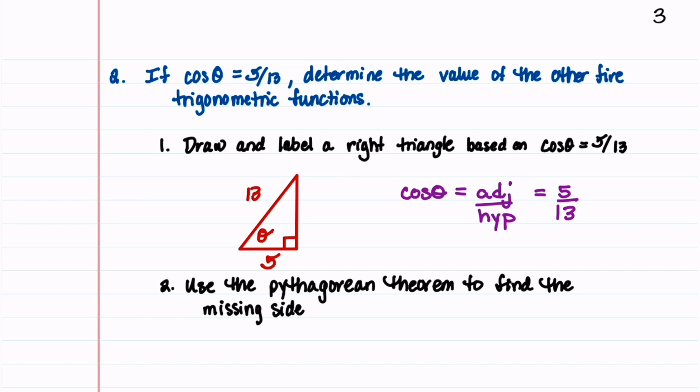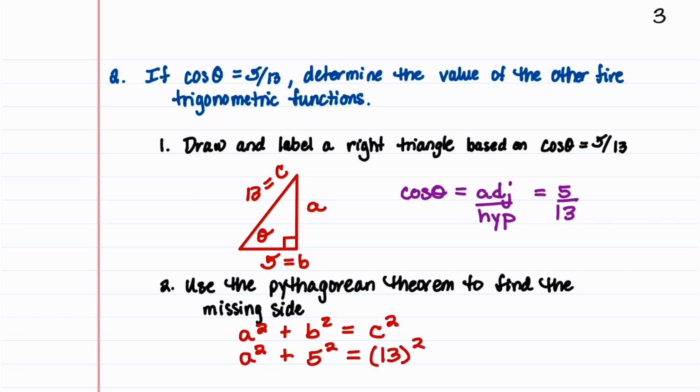So let's call the adjacent side B. Our unknown side we'll call A, and our hypotenuse we'll call C. So the Pythagorean theorem says one side squared plus the other side squared is equal to the hypotenuse squared. So the side that we don't know is A, so we'll leave that as A squared. B squared is going to be 5 squared, and then C squared is 13 squared.